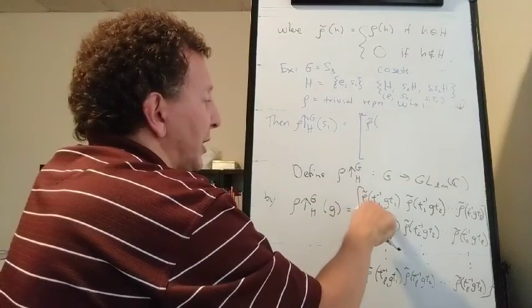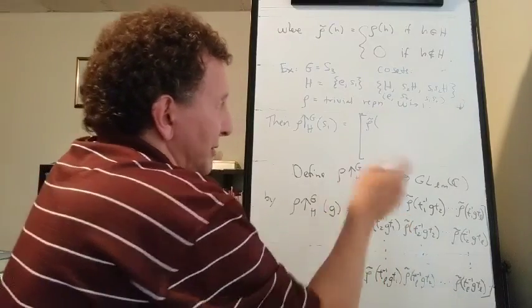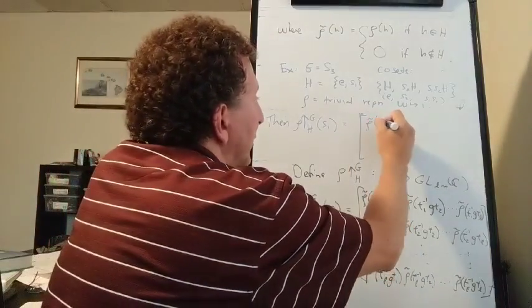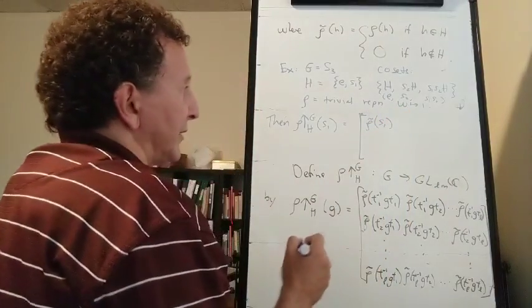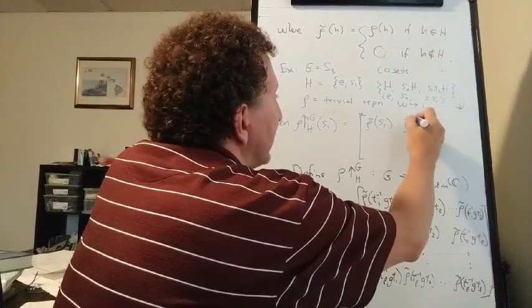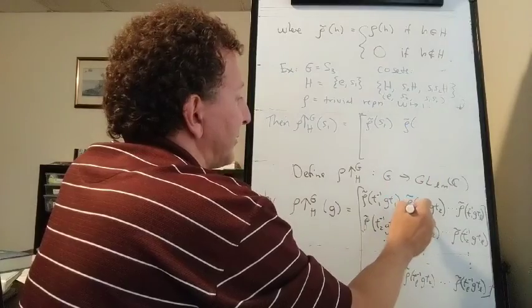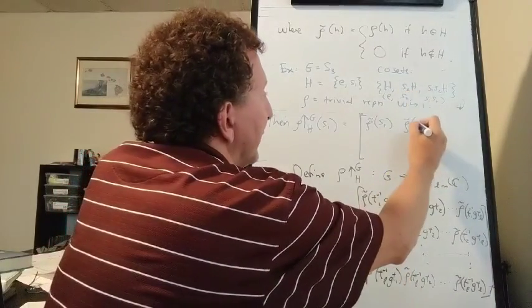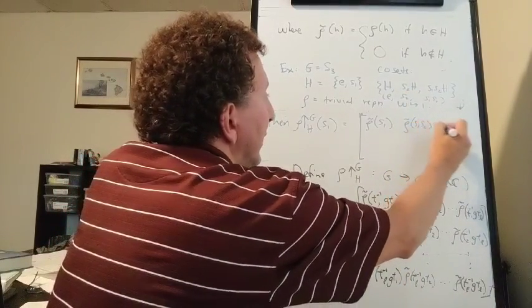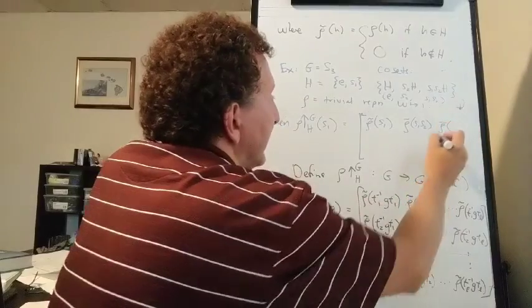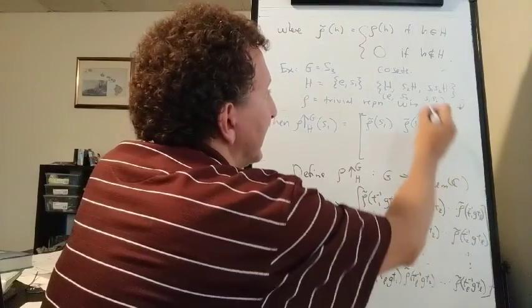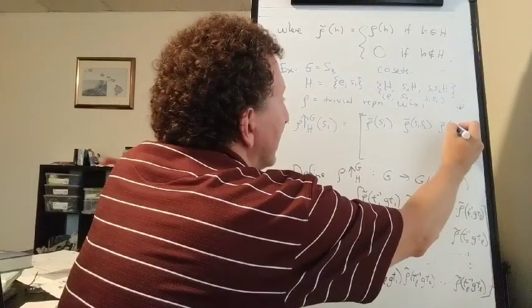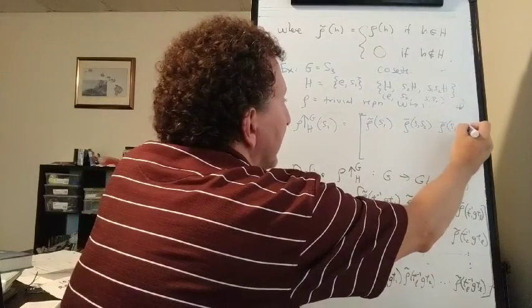So here we're multiplying by e inverse on the left and e on the right, which is not doing anything. So we have rho tilde of s1, and then rho tilde of e on the left and s2 on the right, s1s2, and then rho tilde of e on the left and s1s2 on the right, so s1 s1s2.